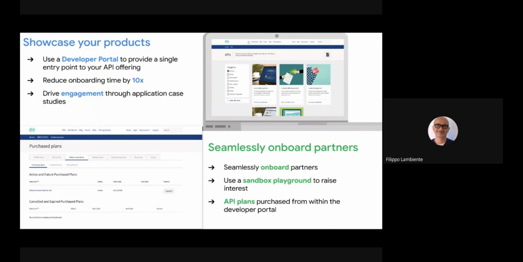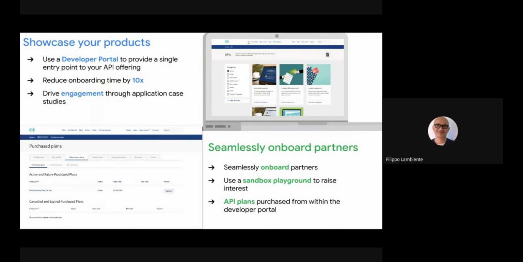And one of the key aspects to showcase this type of product is to publish with a well-designed developer portal.